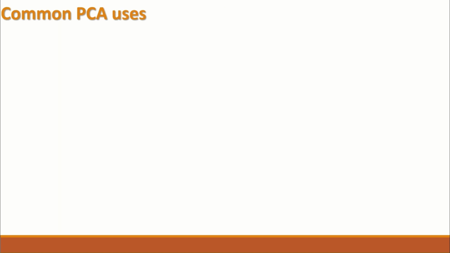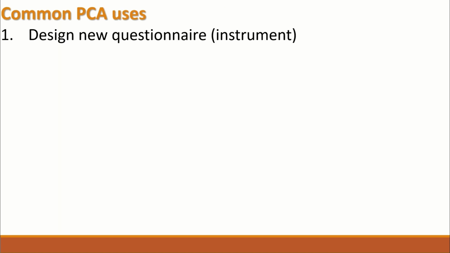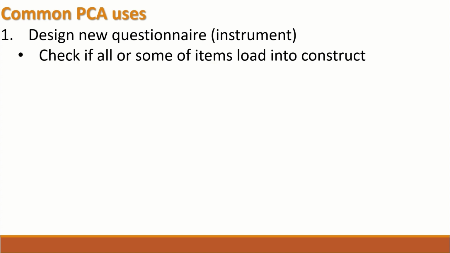So what are the common uses of PCA? When a researcher starts to design a new questionnaire, instrument or scale, PCA is a useful statistical method. The objective of performing that method is to check if all or some of the items load into a construct.